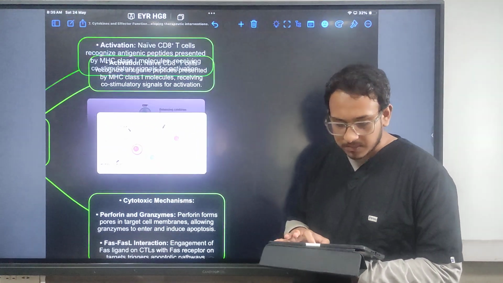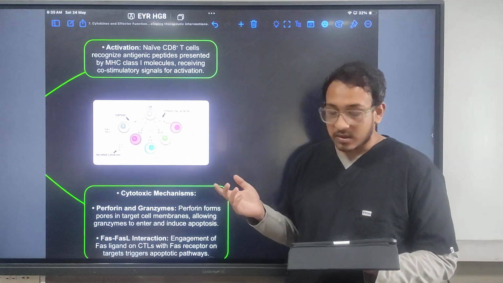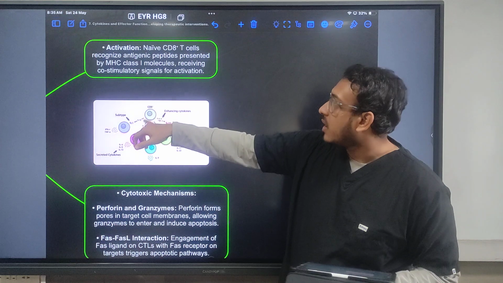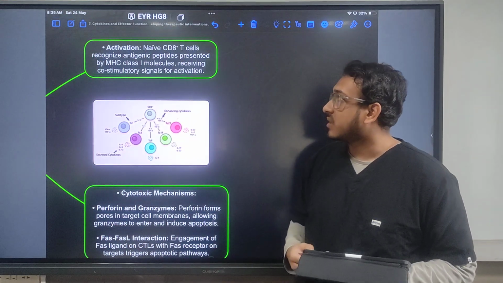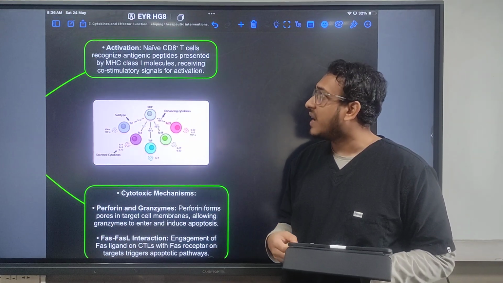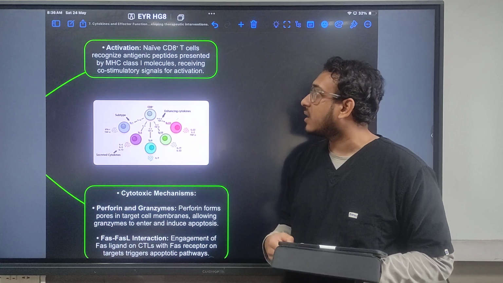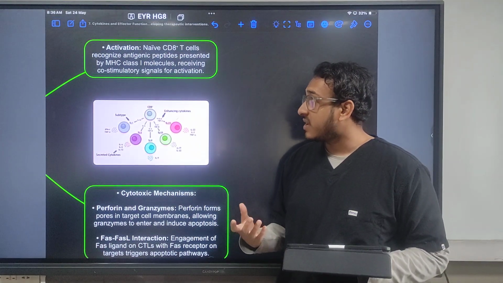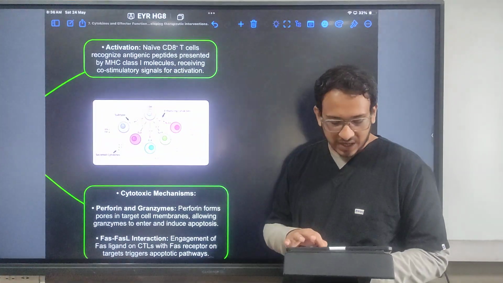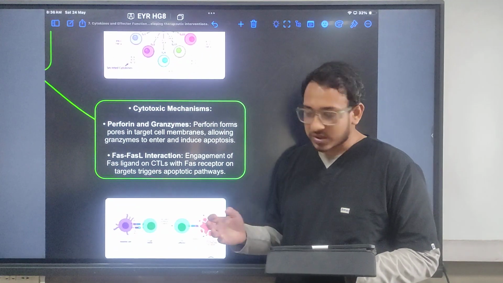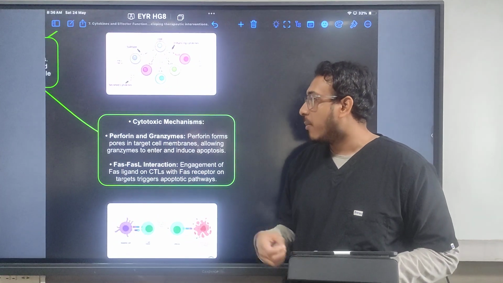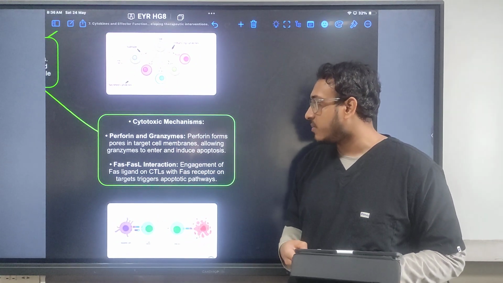As for the activation, the naive CD8 plus cells, as seen here, recognize the antigen peptides presented by the MHC class molecules, receiving the co-stimulatory signals for activation. Then the cytotoxic mechanism: they have basically two cytotoxic mechanisms, perforin and granzymes.